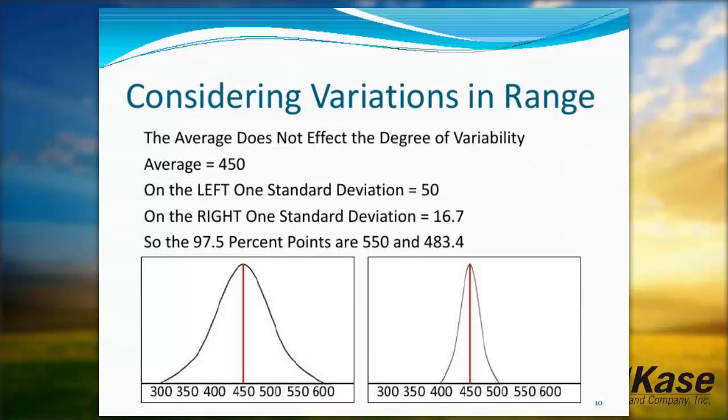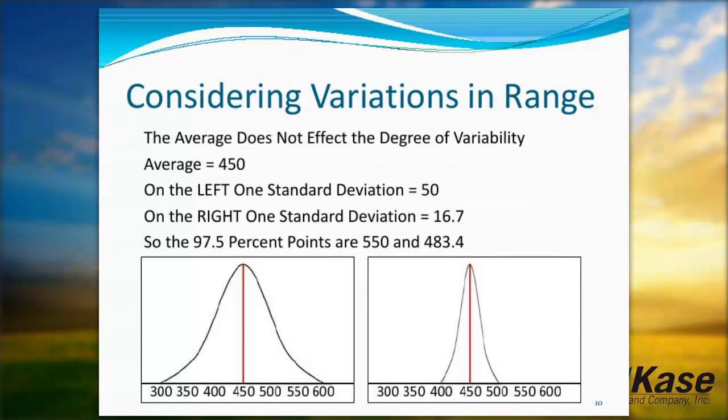Whereas on the right, it's mimicking a low volatility market where you have a very narrow distribution of volatility. In this case, one standard deviation is 16.7. So a very big difference, even though the average true range is 450 in both of these.